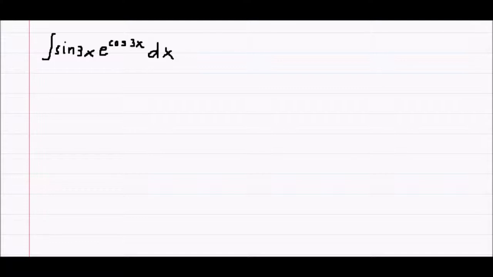Okay, so the very first thing to do, if we go back to our formula, is the integral of e to the u du is equal to e to the u plus c. What is important to note in this formula is that you must know what your u is.